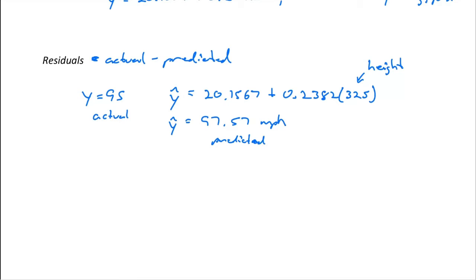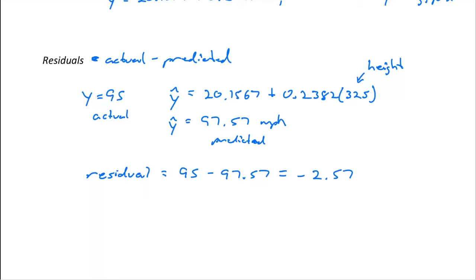The residual in this case is the actual 95 minus the predicted 97.57, and that gives us negative 2.57. So that's how you find the residual.